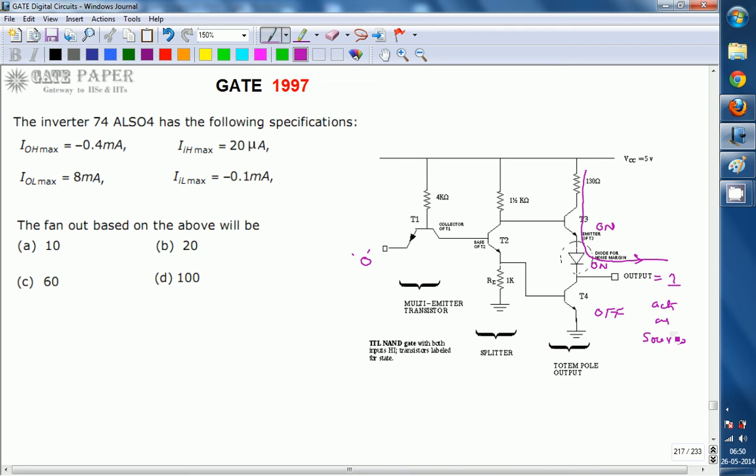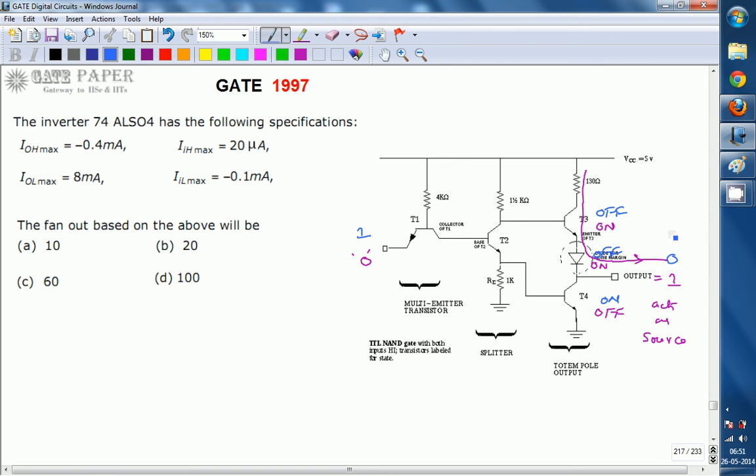If the input is logic 1, the T3 transistor will be in the off condition, the diode will be in the off condition, and the T4 transistor will be in the on condition, so the output will be at 0.